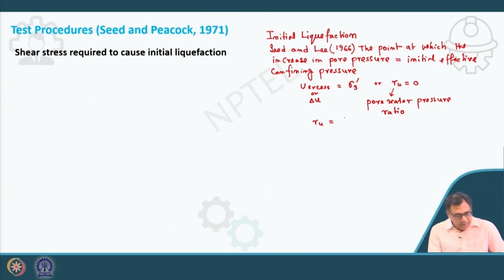So, RU can be defined as del U by sigma 3 dash, okay, that is for triaxial, or in the field RU can be defined as del U by sigma V dash, that means vertical effective overburden pressure, that is for field.